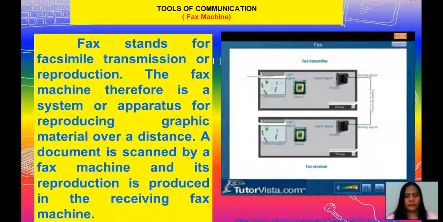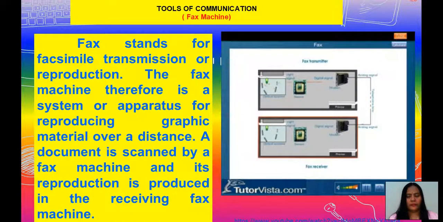Photoelectric transducer or sensor measures the amount of light reflected from each pixel and converts the light reflected from each pixel into a DC electrical signal. The signal is then modulated onto an AC carrier electronically. In case of digital transmission, data is encoded before modulation. The modulated signal is transmitted over a telephone channel.